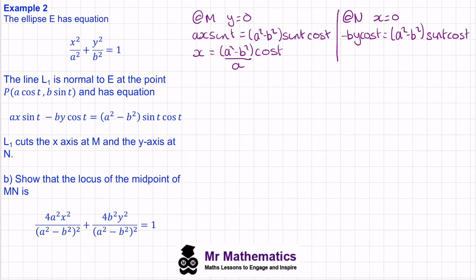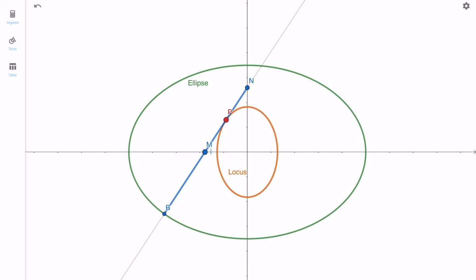This one will cancel with this one. So we get y will equal negative a squared minus b squared sin t over b. If we go back to our diagram, we've got the general x coordinate for M and the general y coordinate for N.